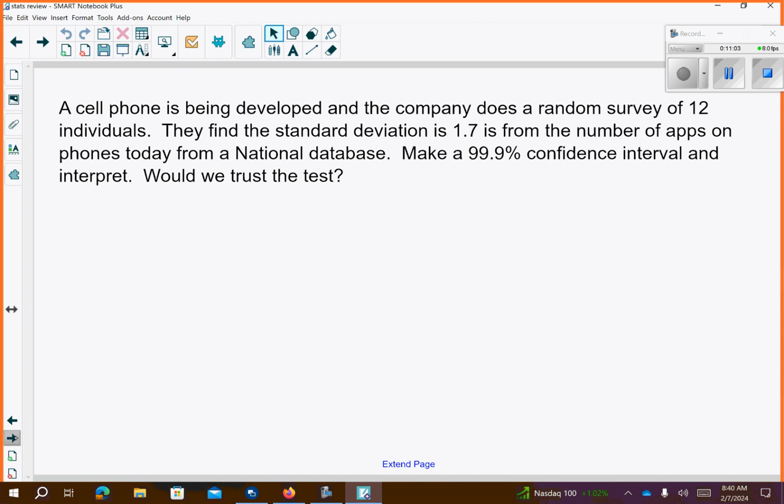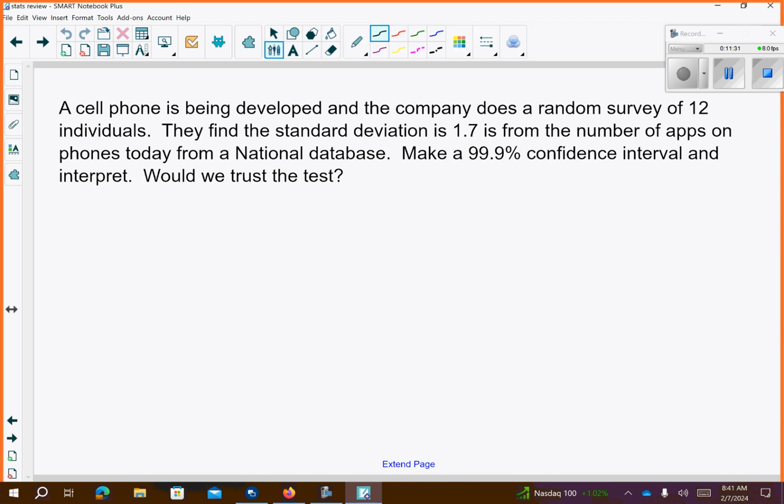So is this a t-distribution or a normal distribution? It's t, because they do a random survey of only 12 people. The standard deviation given here is actually the standard deviation of the entire national average. They want to make a 99.9% confidence interval.